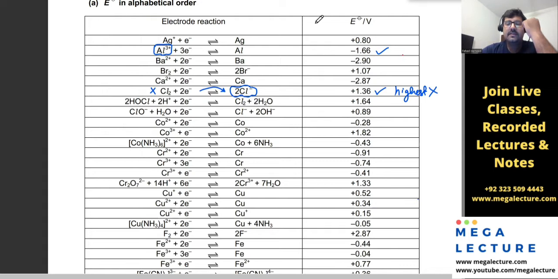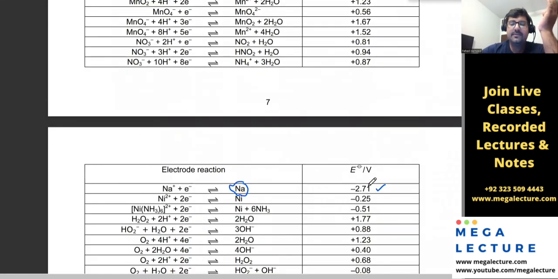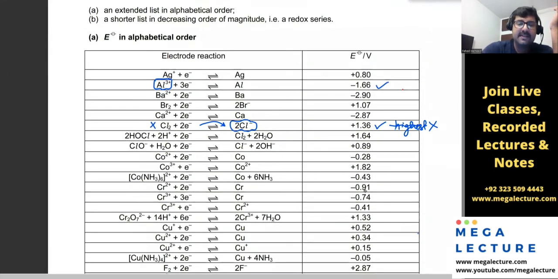So leave that one now, it doesn't count as the highest. I mean, it is the highest, but I don't have Cl2, so how can it gain electrons? So who's the highest now? I've got minus 1.66 and the other one, minus 2.71, okay? Now the competition is between these two, so the highest is minus 1.66.